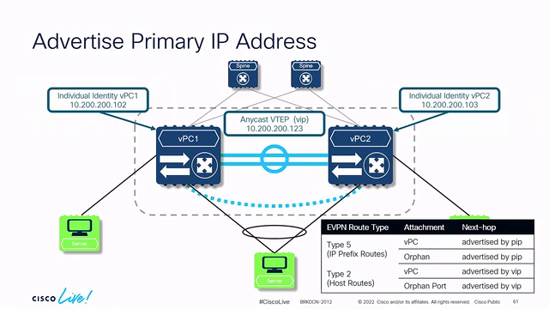Before I go there, just to repeat what I said before: with this advertise PIP, any of the type 5 routes, which are our subnets and networks, are advertised with the PIP. Anything which is attached as a host, which is a type 2 route, is still advertised with the VIP address.